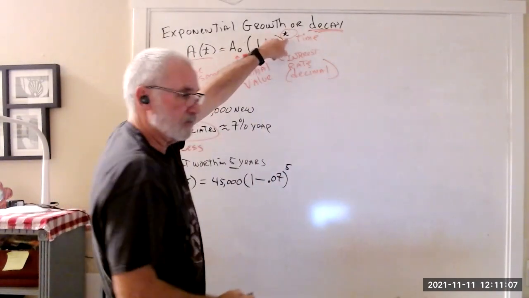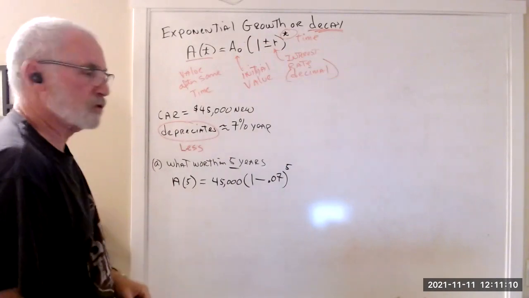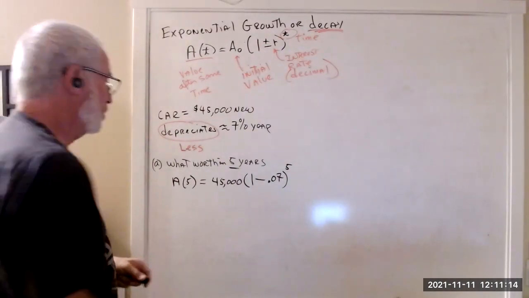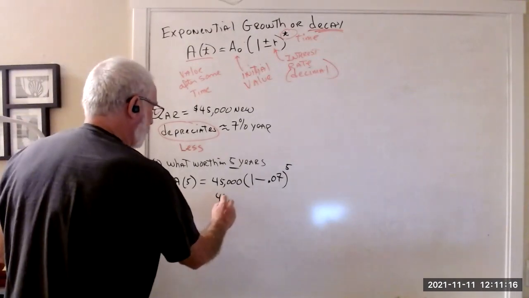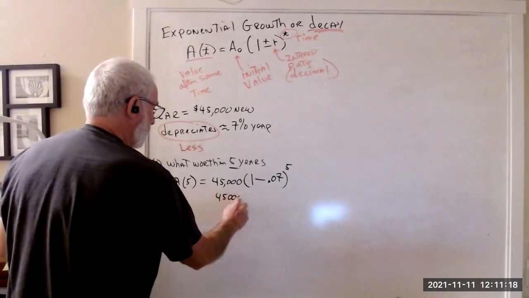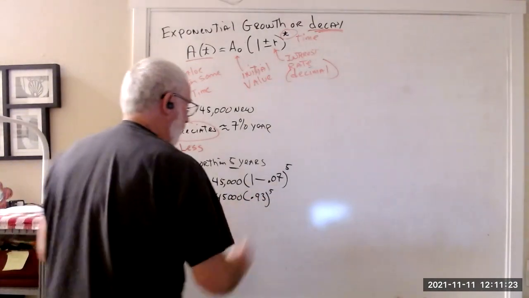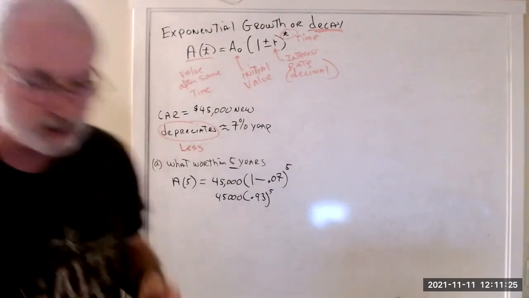Time is 5. Well, this is just a straight arithmetic problem. Do it all in your calculator. Okay, this is 45,000 times 0.93 raised to the 5th power. And that's just on your calculator.